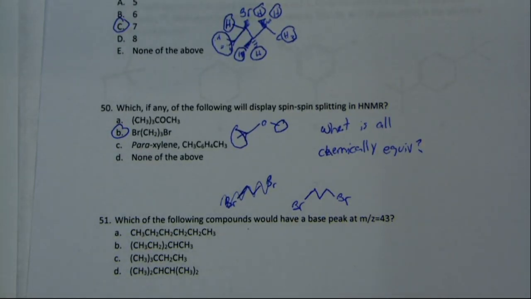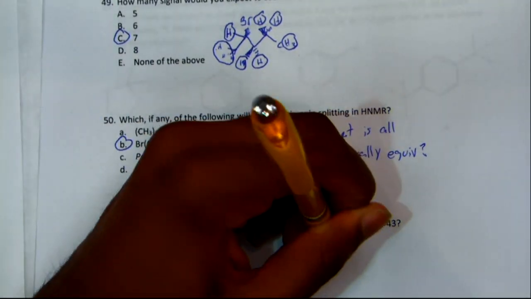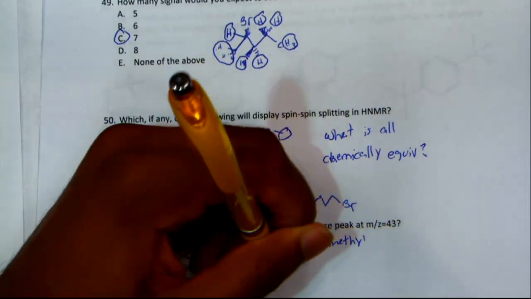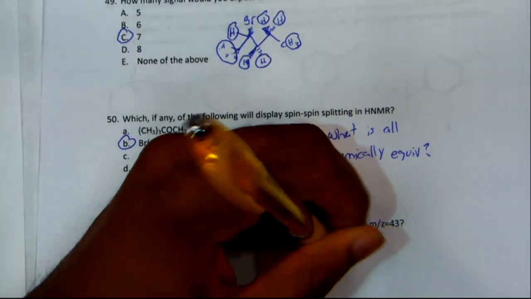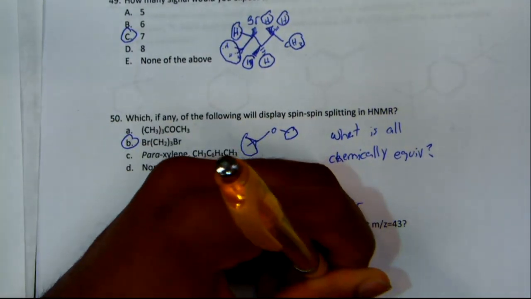Okay? So which of the following compounds would have a base peak of 43? 43 is indicative of what group? In this case, we don't have any nitrogens. So we have M15, which is methyl, M29, ethyl, M43, propyl, right?